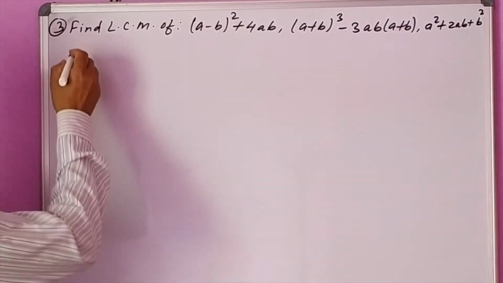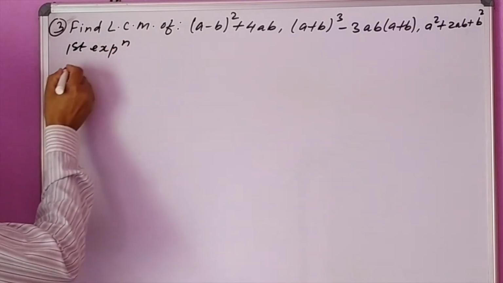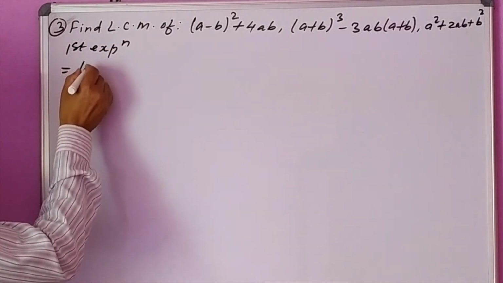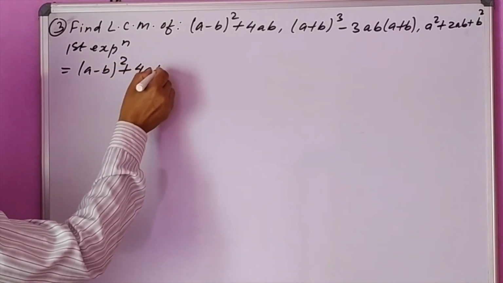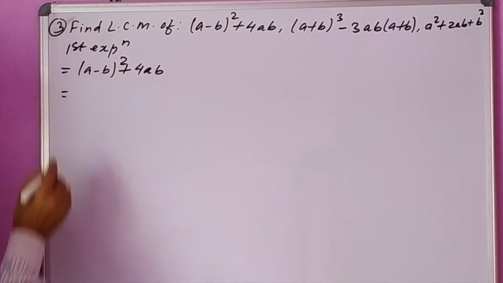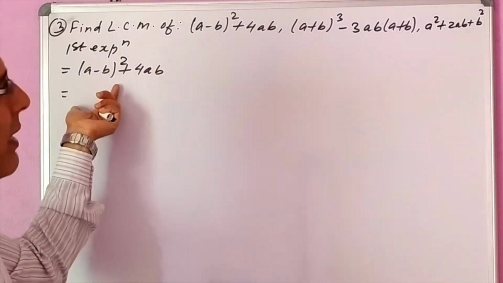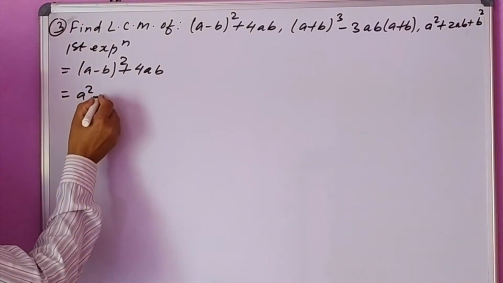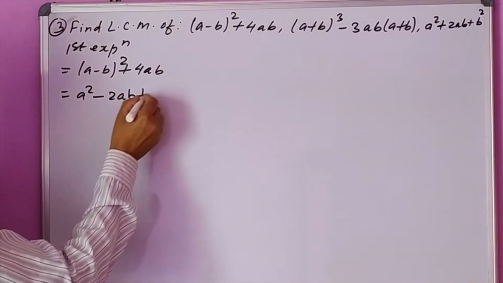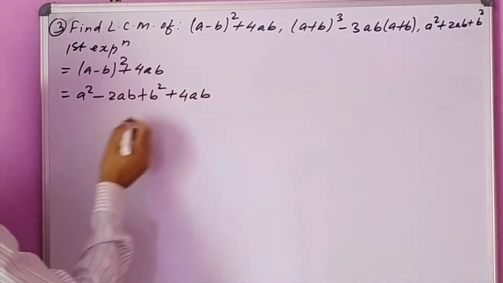So taking the first expression, A minus B whole square plus 4AB. Let's expand this A minus B whole square using the formula A square minus 2AB plus B square, and this plus 4AB as it is.